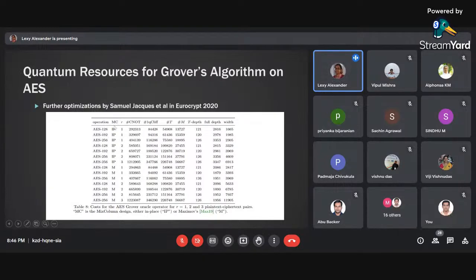MixColumns they implemented using one particular type of implementation, in-place, and another type, the Maximov paper's implementation, using one, two, or three plaintext-ciphertext pairs, for each of AES-128, 192, and 256. If you compare this with the earlier work, the gate count, number of qubits, and all those things are reduced so much.